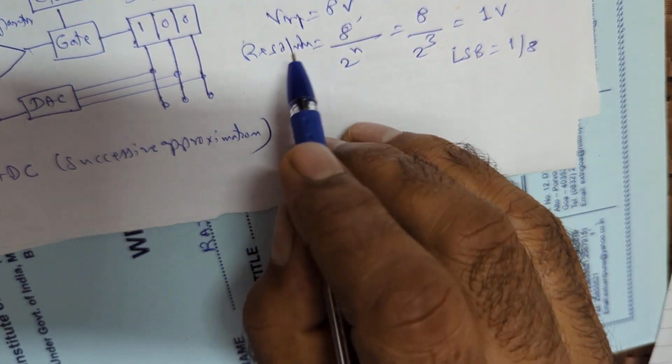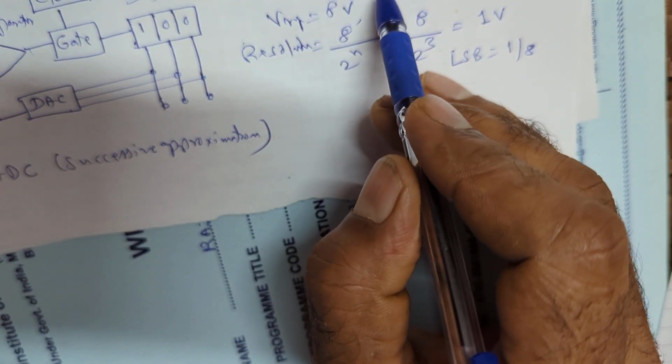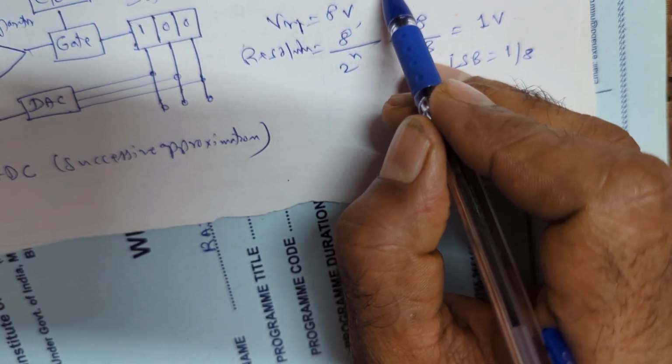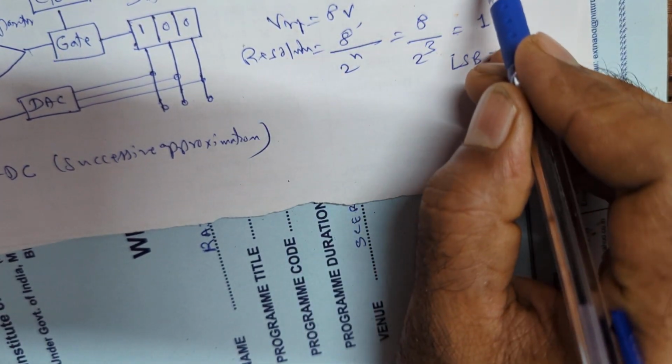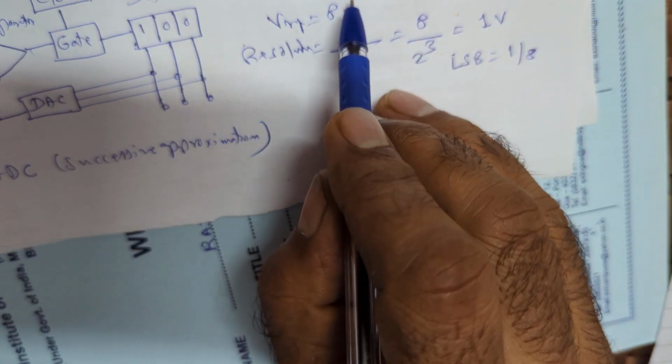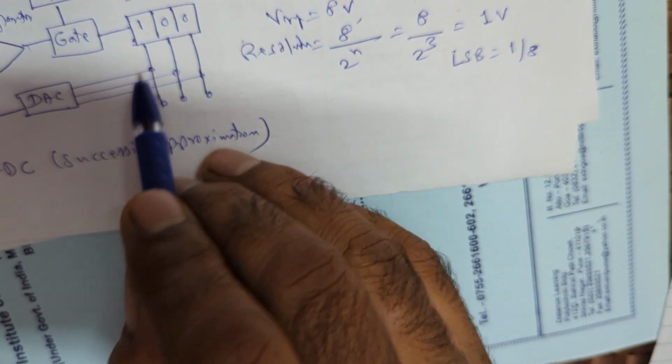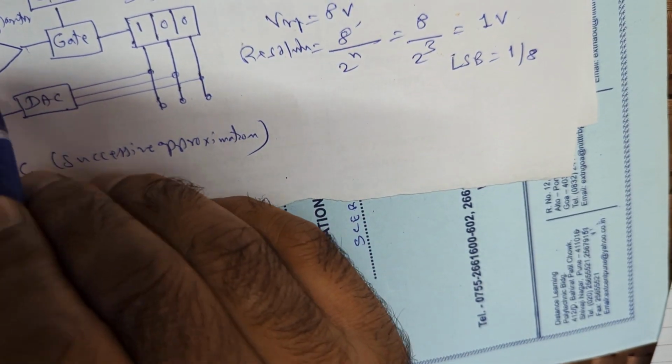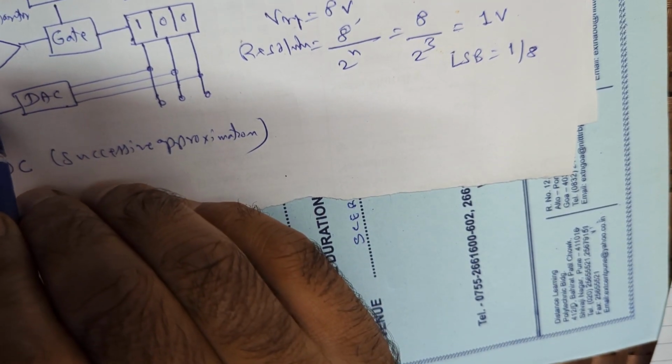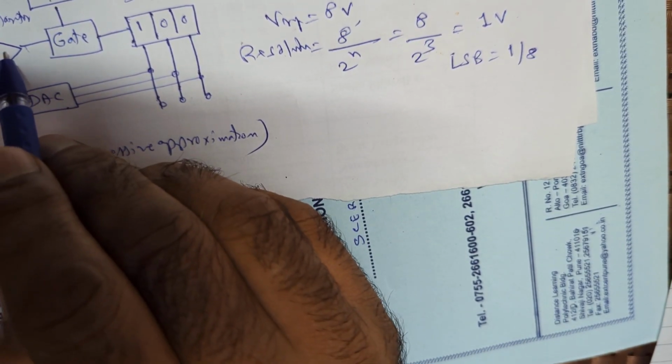Now in the process, the most significant bit is made 1 and the rest of the bits are made 0, and the output is converted into analog voltage and compared with the incoming voltage.